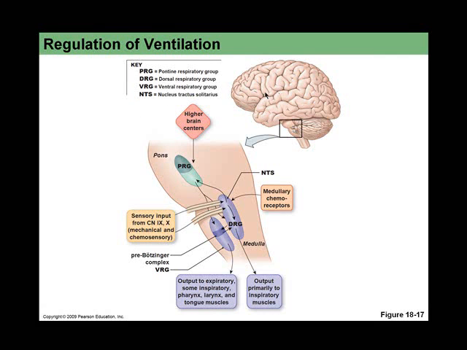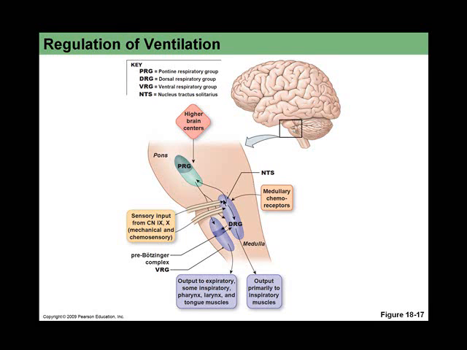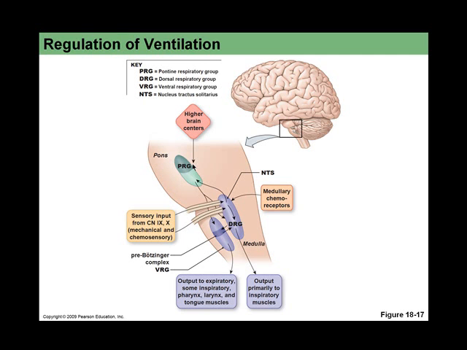So we know that the higher centers become recruited depending upon what's going on. But under normal resting conditions, when you're sitting and reading your textbook and studying, all of this can be maintained just at the level of the pons and the medulla without any need for sensory information to get up to the cortex to where you're aware of it.